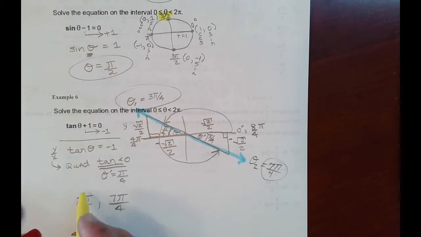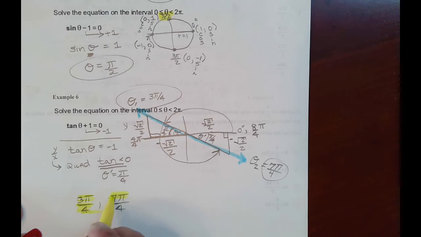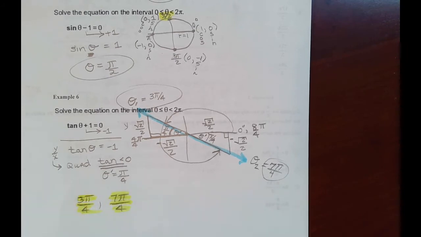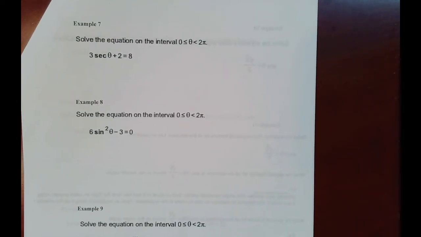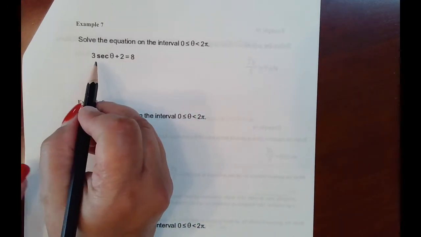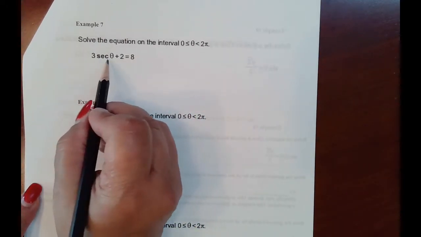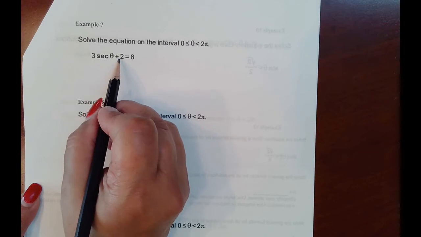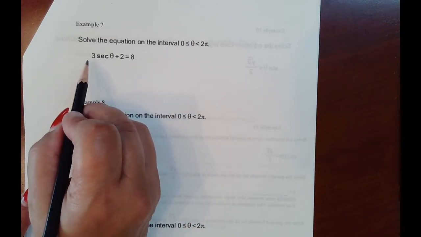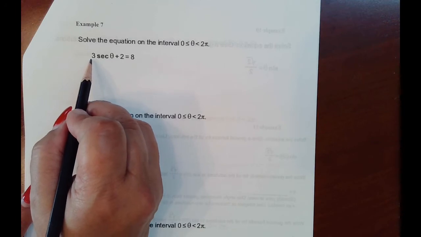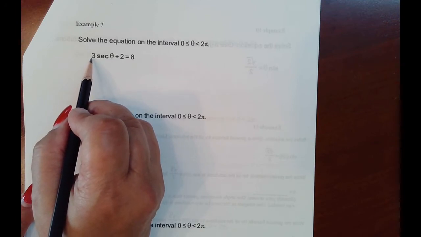Okay, moving on to example 7. In example 7, one more linear equation. We're trying to solve for this unknown secant of theta, and there are 2 things to move. We need to move the 2 over here, and we also need to move the multiplier. The multiplier is always moved last, just like when you're solving an equation with x's in it.